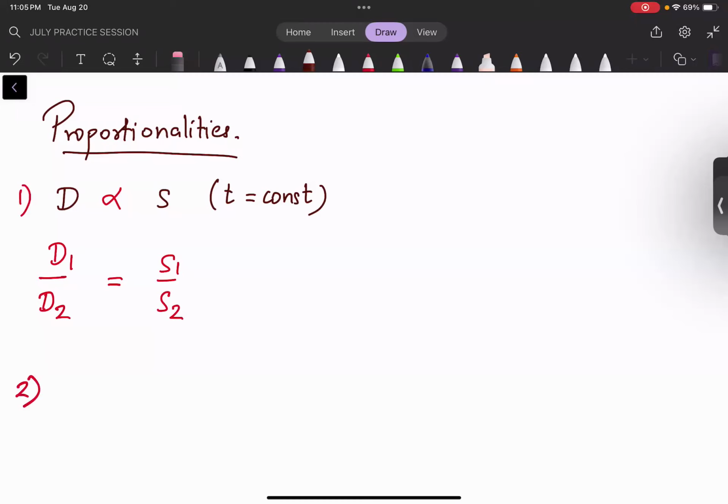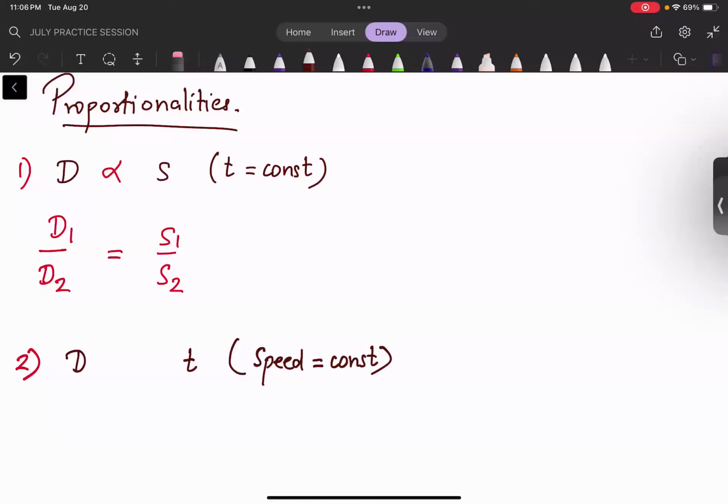Second one, answer. I'm taking distance and time. I'm assuming speed is not changing, speed is constant. Proportional or inversely proportional? My dear, it's very simple.